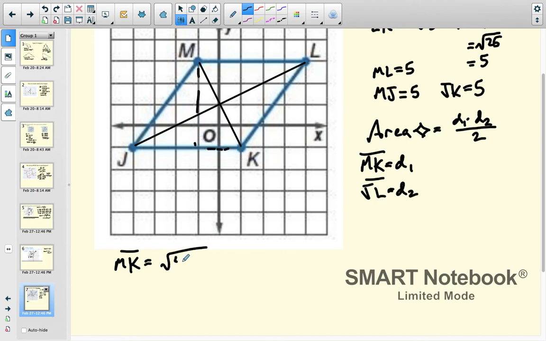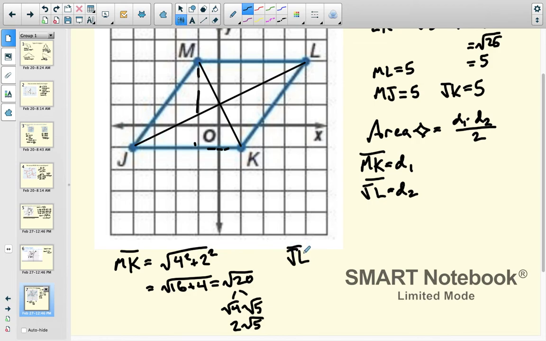So the square root of 4 squared plus 2 squared, which will give me the square root of 16 plus 4, which equals square root of 20, which can be simplified to square root of 4 times square root of 5. So that's 2 square root of 5.